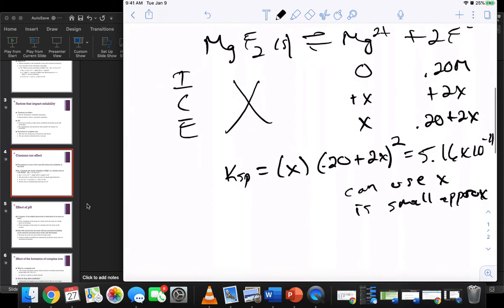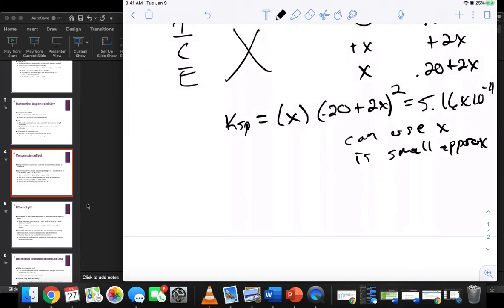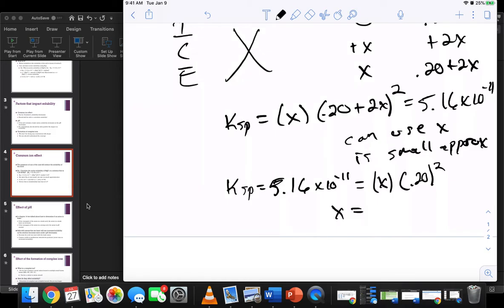Using the x is small approximation, my KSP, which is 5.16 times 10 to the minus 11, is going to be equal to x times 0.20 squared, which makes the math a lot easier, if I get to ignore that plus 2x part.